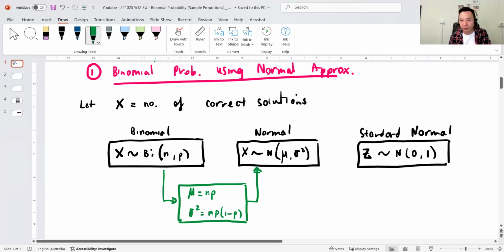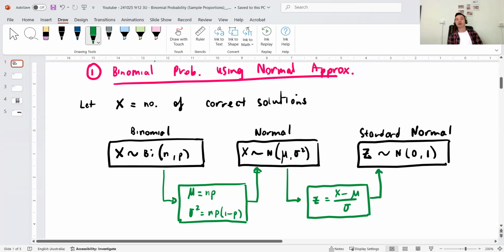The way we do that is we standardize by letting z equal x minus mu over sigma. That's important, especially when we talk about sample proportions in a few minutes' time. Once we do that, what we can do is use a table of values.